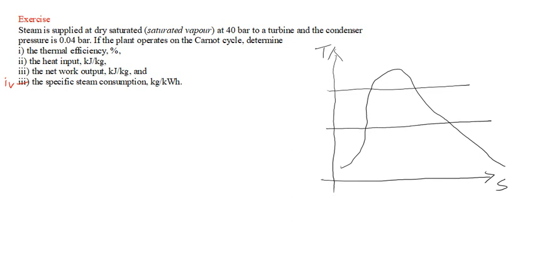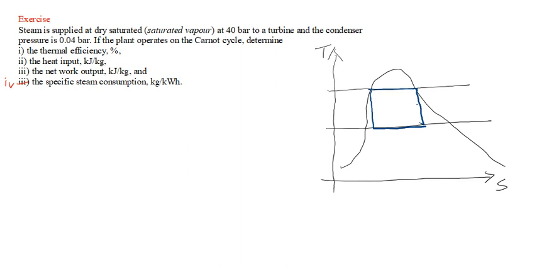As we know, for a Carnot cycle, we operate the cycle underneath the dome, which has a rectangular shape. So this is the rectangle which represents our Carnot cycle.